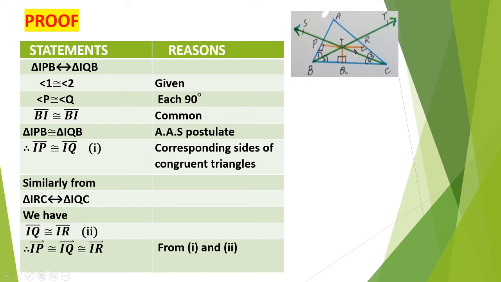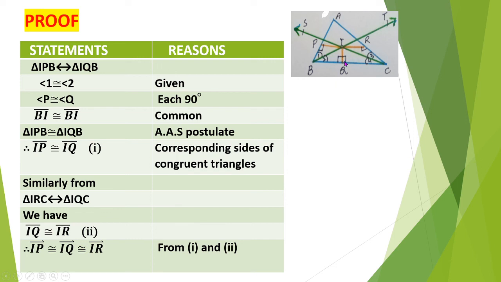IRC and triangle IQC, between these two triangles, again these two angles are congruent, and these two angles are congruent, and this IC side is common, so these two triangles are also congruent.